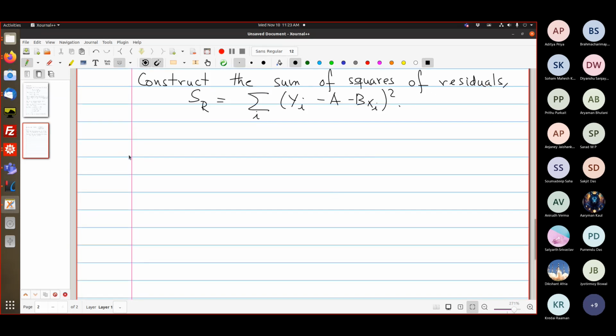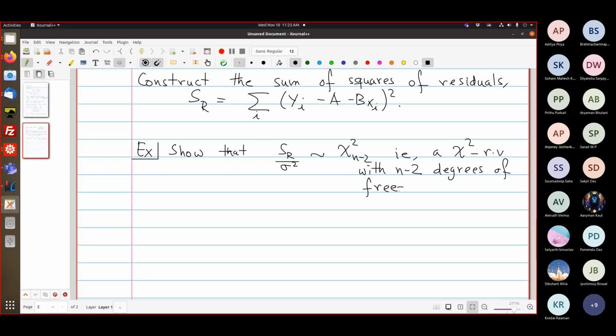So again, I leave it for you as a computational exercise to show that SR by sigma squared is a chi-squared random variable, i.e. a chi-squared random variable with n minus 2 degrees of freedom.